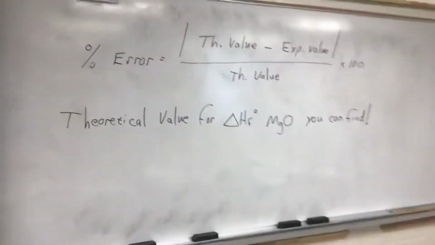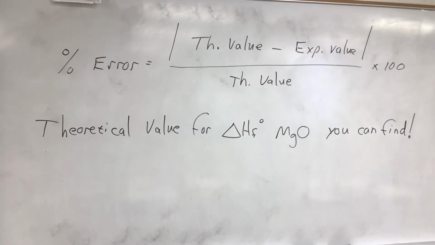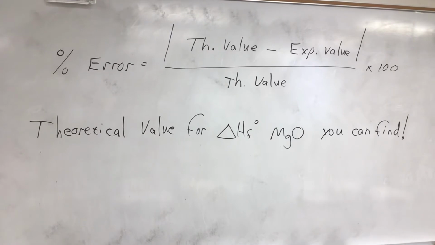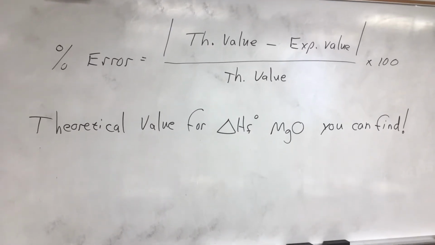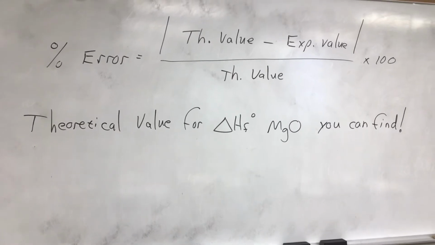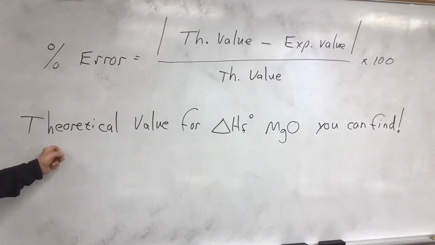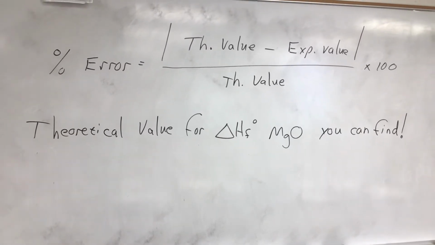Percent error is the absolute value of your theoretical value minus experimental value over the theoretical value times 100. You probably have used that before, but we wanted to just make sure you have it. And realize that you can look up the theoretical value for the enthalpy of formation of MgO.